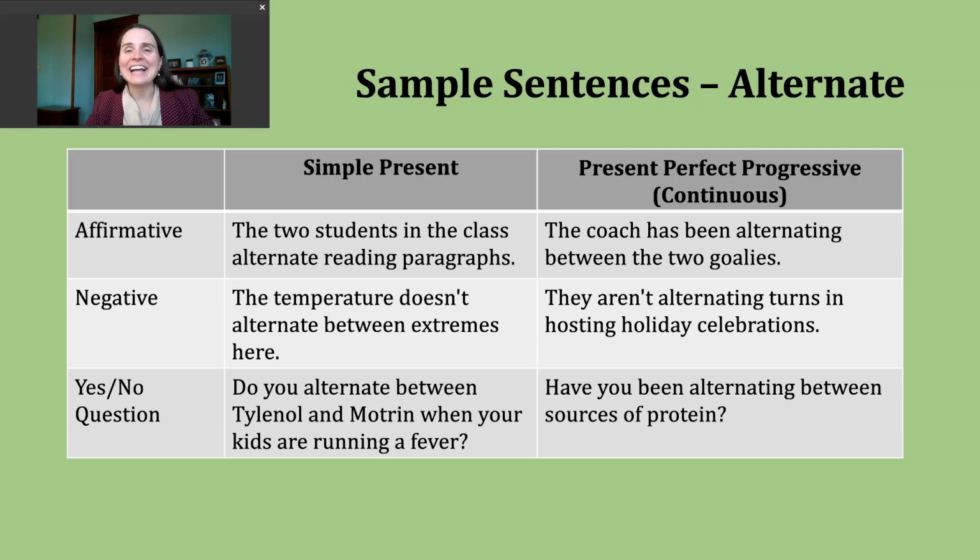The reason I like saying present perfect progressive is that you can see 3 P's as part of the name of that verb tense. And the 3 P's can help you remember that you are also going to need 3 parts to make your verb. Now, we have to pay attention to our subject, okay? So if our subject is I, you, we, or they, then we're going to use have.